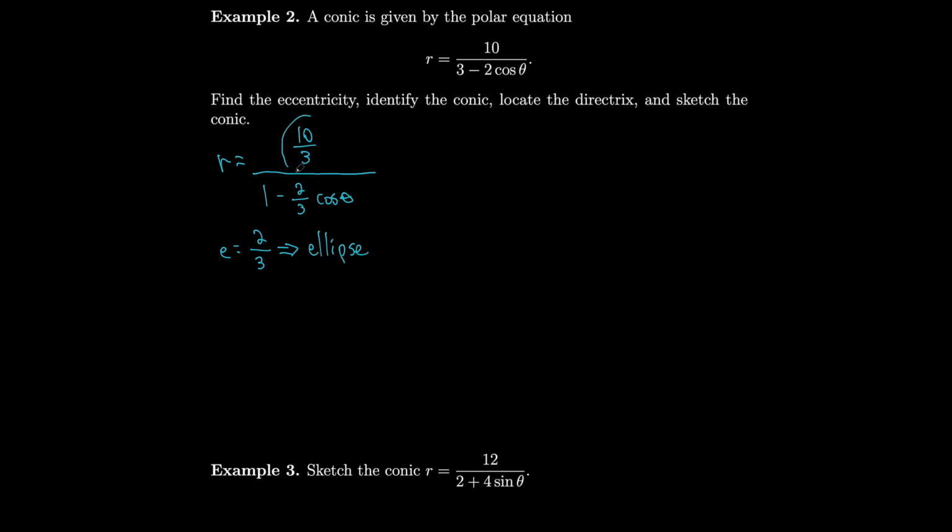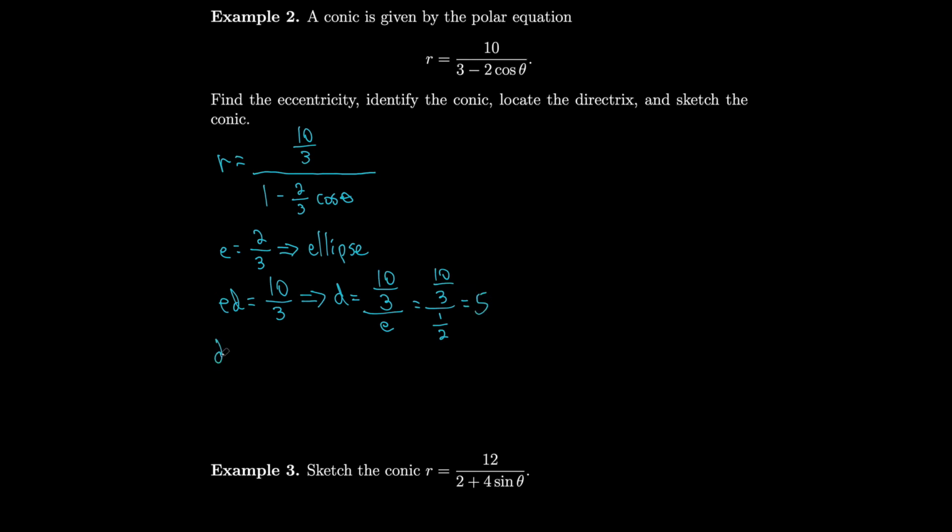So now the numerator is e times d, which is 10/3. That tells us that we can get d by itself by taking 10/3 and dividing by e. And that means it's 10/3 divided by 2/3, which is 5.